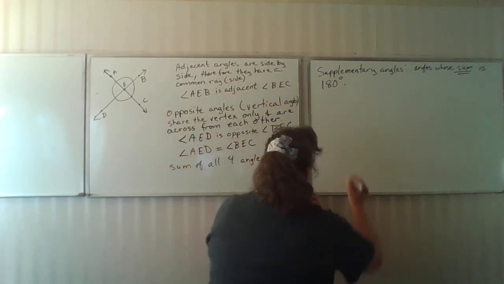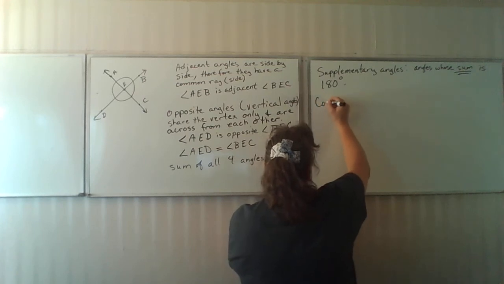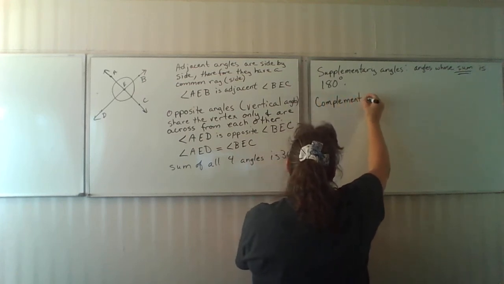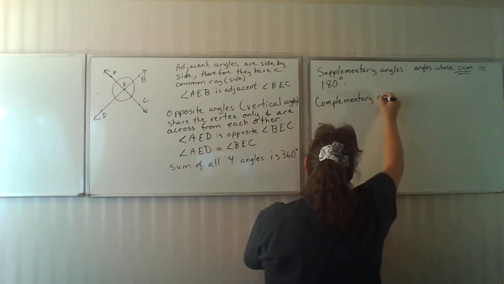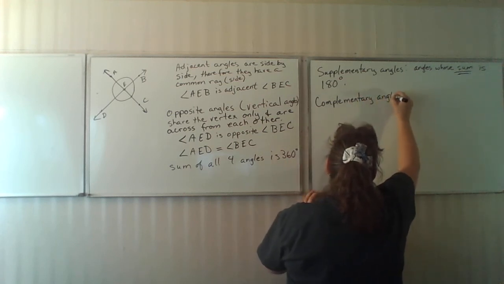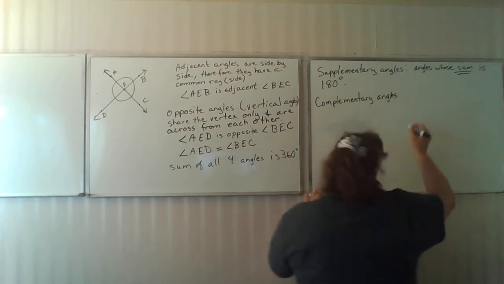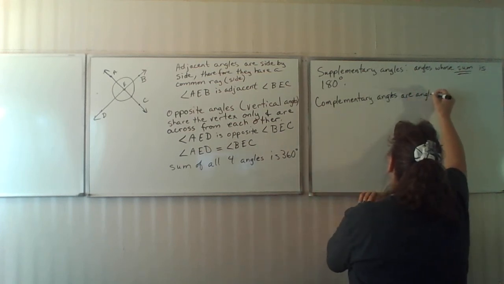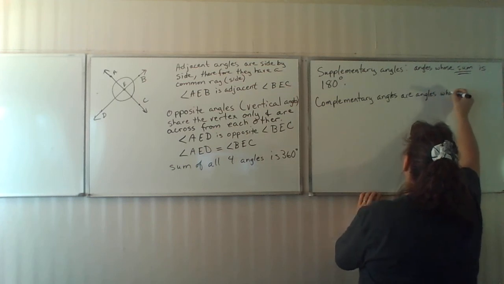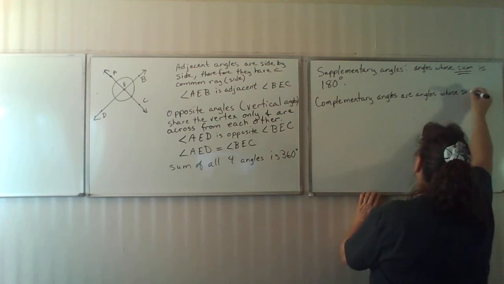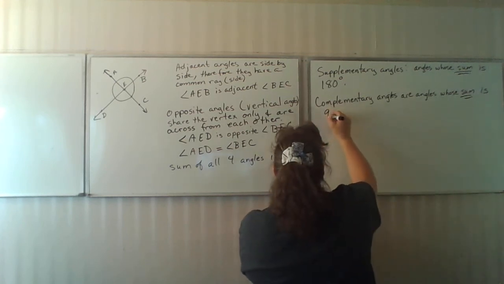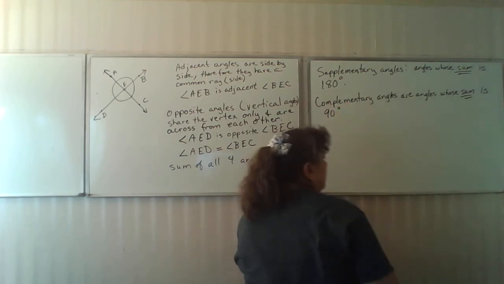Okay? Complementary angles are angles whose sum is 90 degrees.